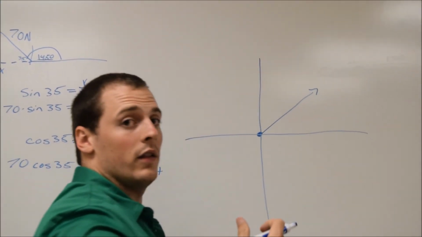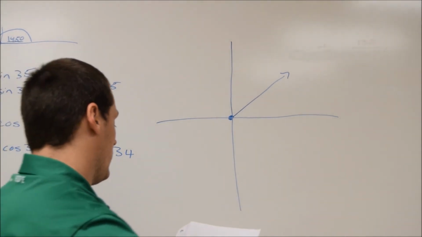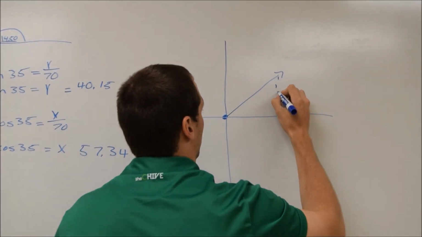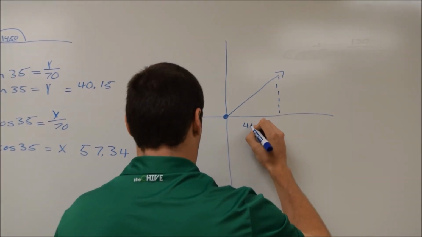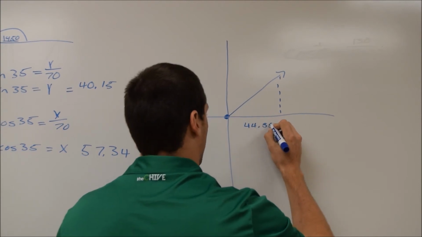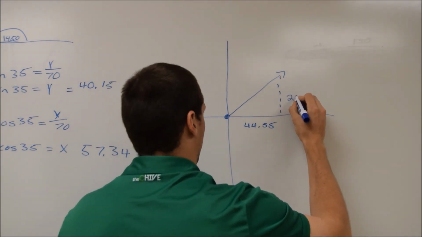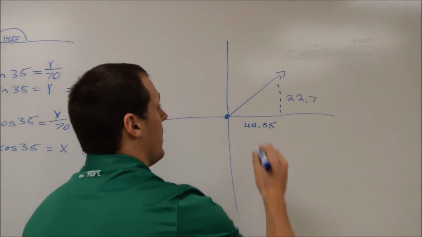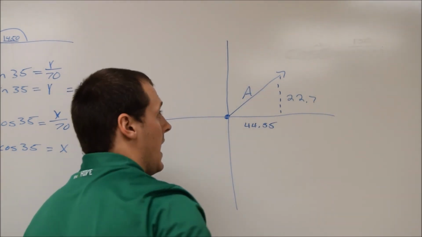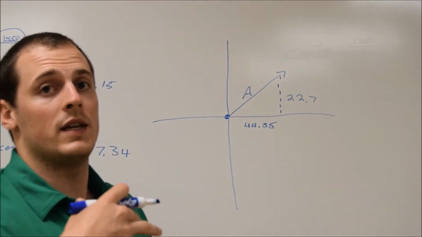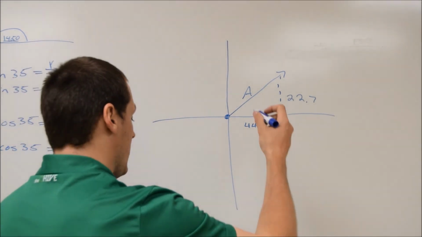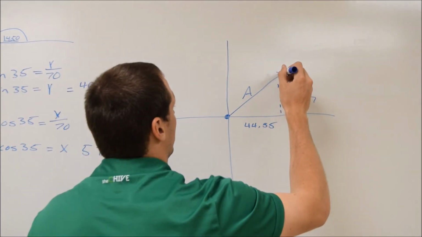And then we fill in all the information that we had earlier. We know this to be 44.55 and the height to be 22.7. So this is our vector A. And now for our vector B, we put the tail of that one at the tip of A, and it looks something like this here.